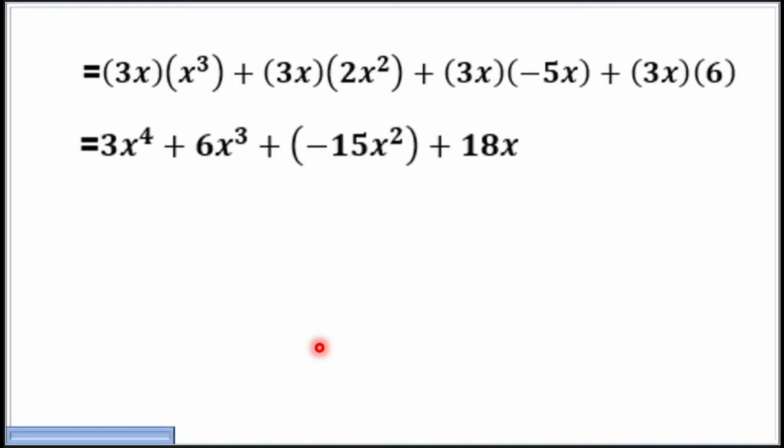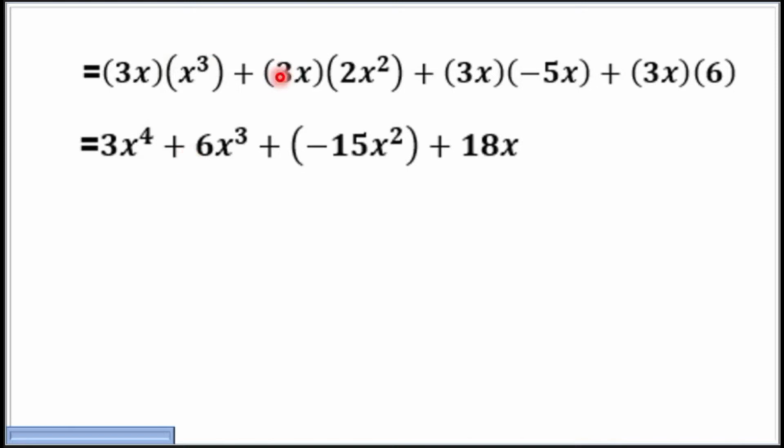Next, 3 times 1 is 3. For x times x cubed, we add the exponents, since they have the same base, as we discussed earlier: 1 plus 3 is 4.